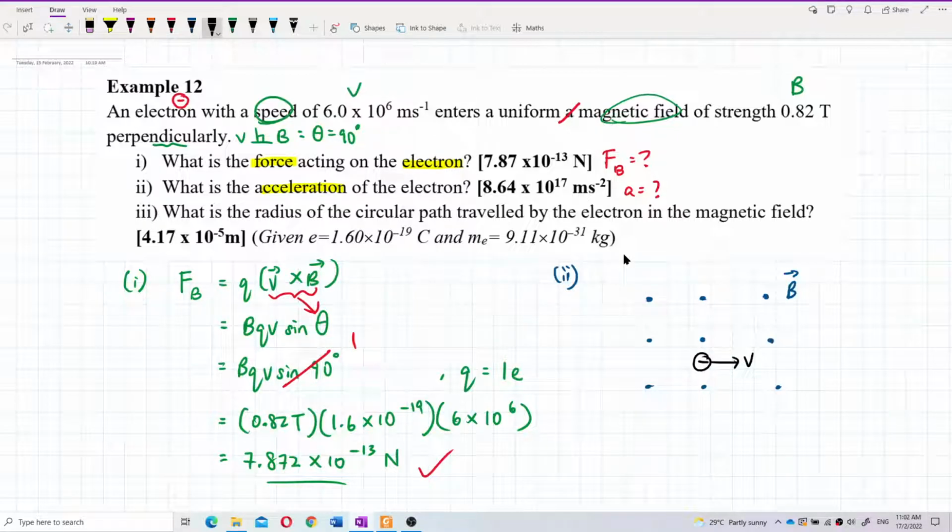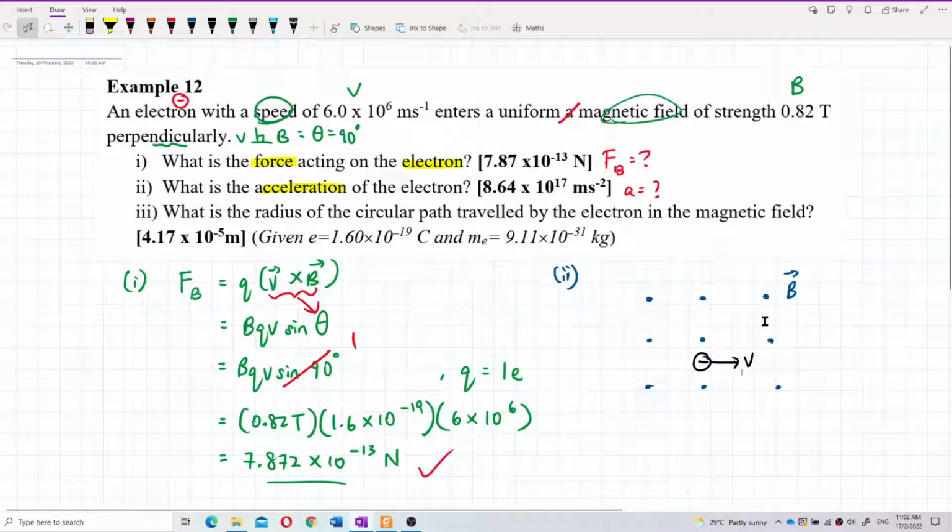V and B are perpendicular, so you will have a magnetic force. If I use the right hand rule, I can find the direction of the magnetic force. Velocity that way, magnetic field going out of page, magnetic force is going upward.